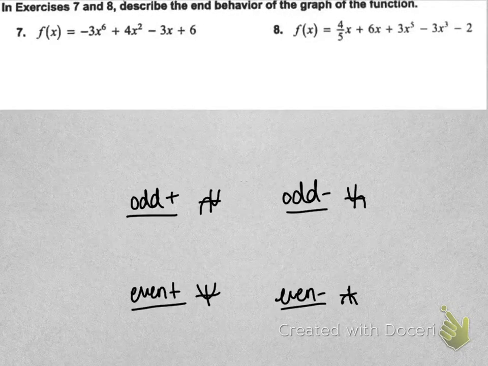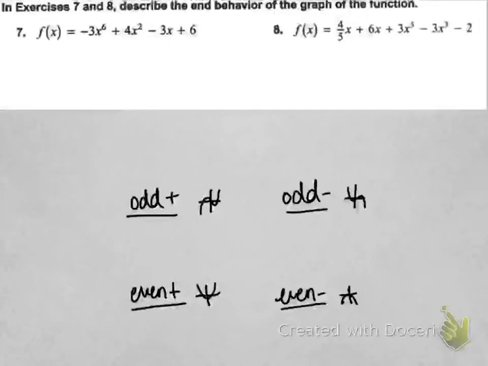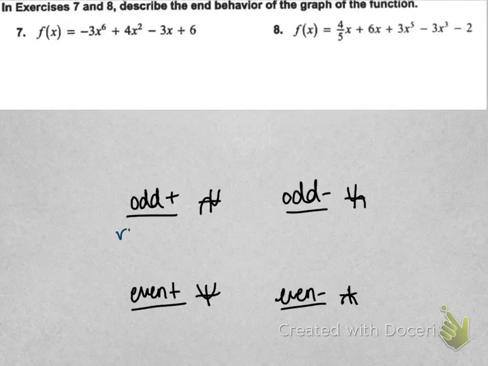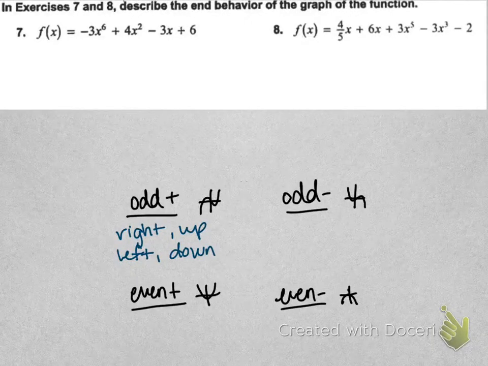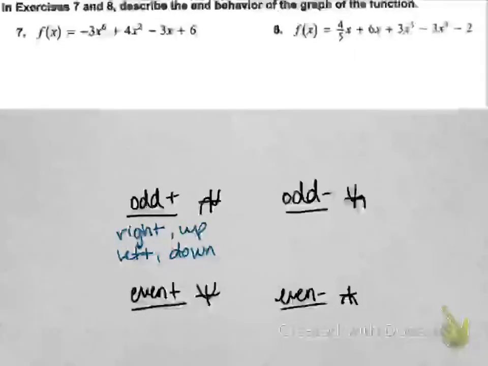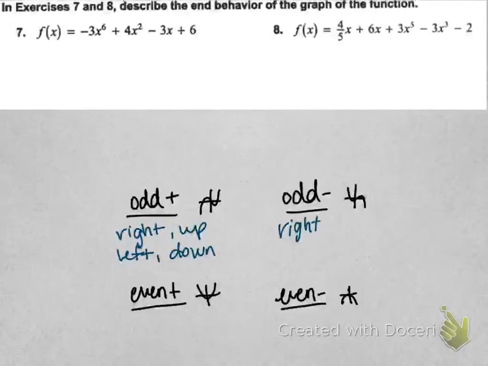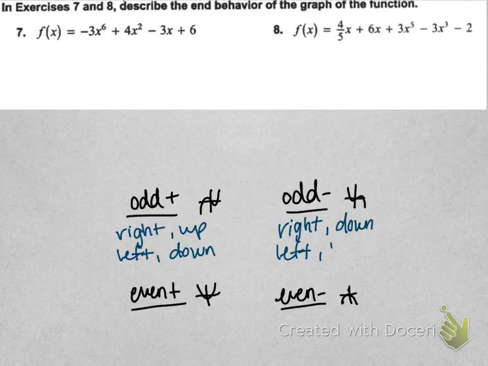For my odd degree with a positive leading coefficient, if it's on the right-hand side, it's moving upward, and if it's on the left-hand side, it's going to be going downward. Okay, so then on my other picture, it's reversed. On the right-hand side, it's moving downward, and on the left-hand side, it is going upward.